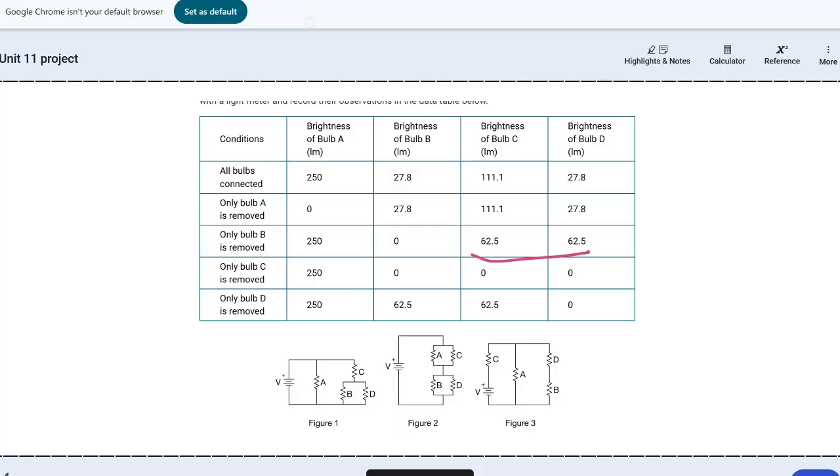And bulb A's brightness remains unchanged. So this shows that B is in series with C and D, but not in series with A.